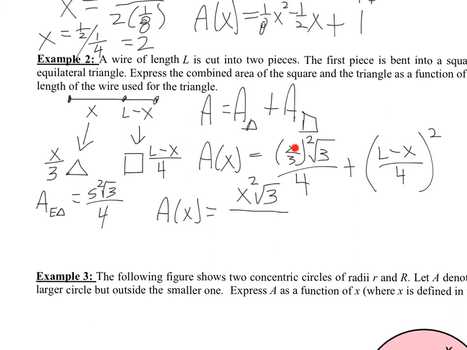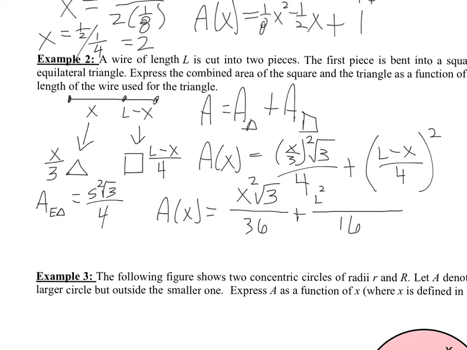Reason being, you can think of this as root 3 over 4, and this is x squared over 9. It's really this multiplied by this, so this ends up going to the denominator. If you want more explanation as to why that is, I can talk in class about that. So it'd be 9 times 4 is 36 in our denominator, plus, I'm going to do the same as I did above, 16. Then we have L squared.